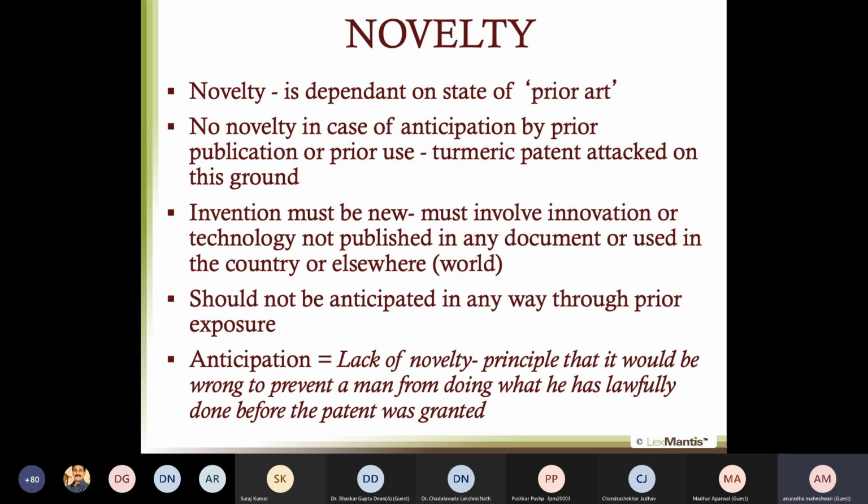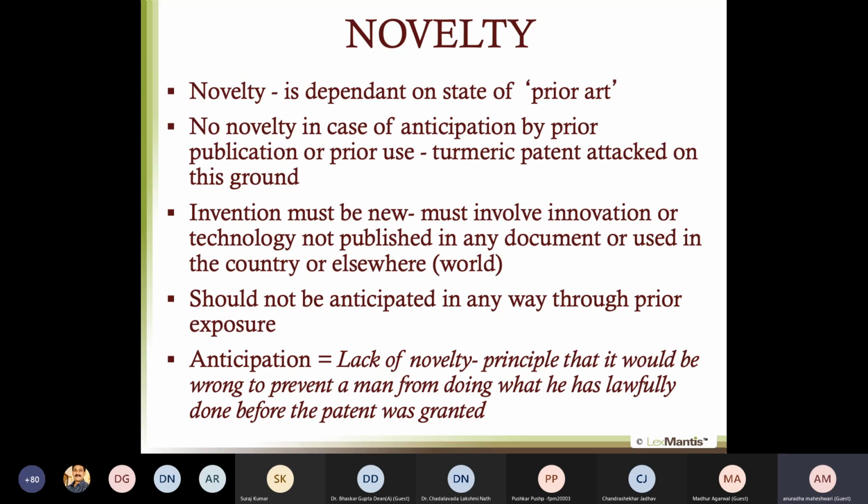So basically, I'm not getting into too much detail, but you should be able to show that there is nothing on the technology that you are making or manufacturing, and there is no literature available on that technology. The literature available on a particular technology is called its prior art. All right.